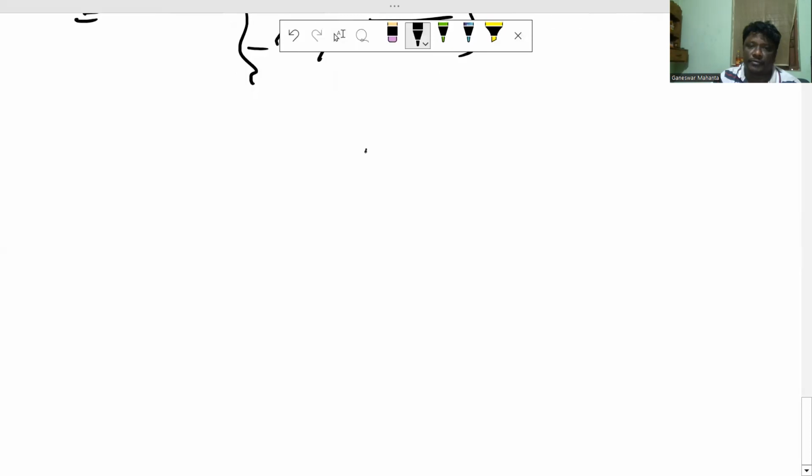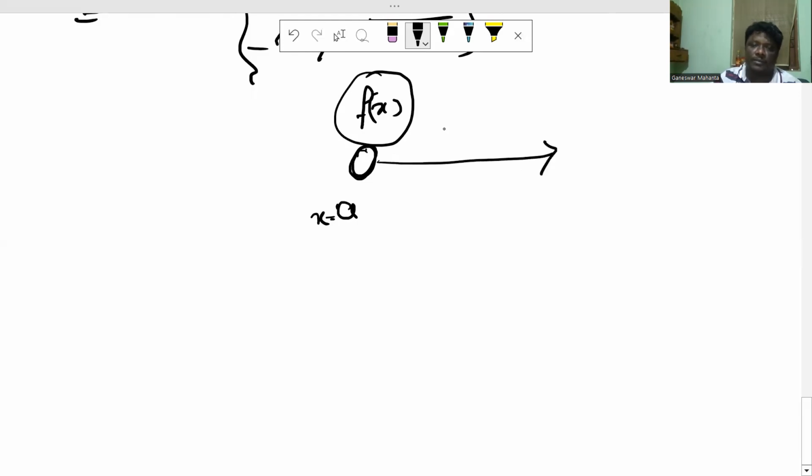Actually, this is a point where we check whether a function is continuous or not. Suppose this is a point A. If you move right, that is A plus. If you move left, that is A minus.